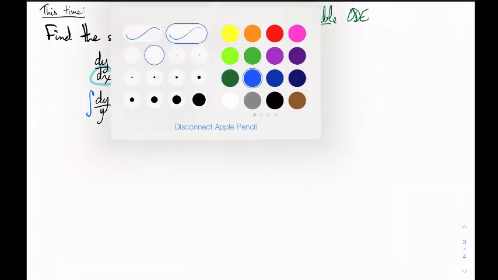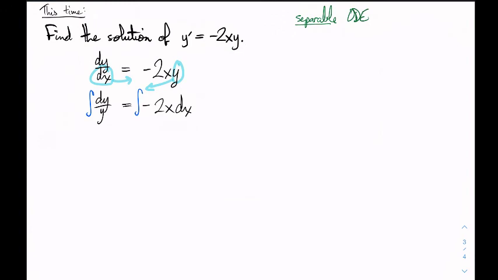And so on the left, we're going to get the log of absolute value of y plus some constant. And on the right side, we're going to get minus x squared plus some other constant. And then let's see.